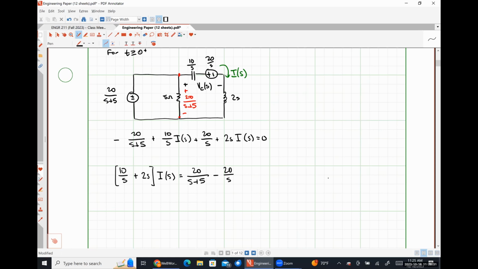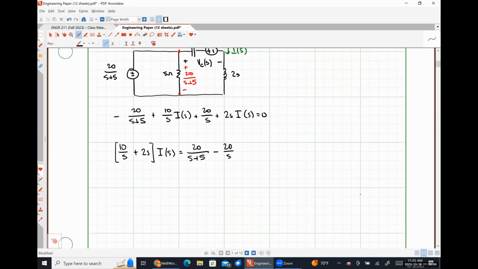Now, obviously, over here on the right-hand side, I would multiply this by S over S, and this by S plus 5 over S plus 5, to make that look nicer. I'm trying to decide if I would multiply the whole thing through by another factor of S to get rid of this S in the denominator so that I can get it in a simple polynomial form. That's what I'm leaning towards, right?